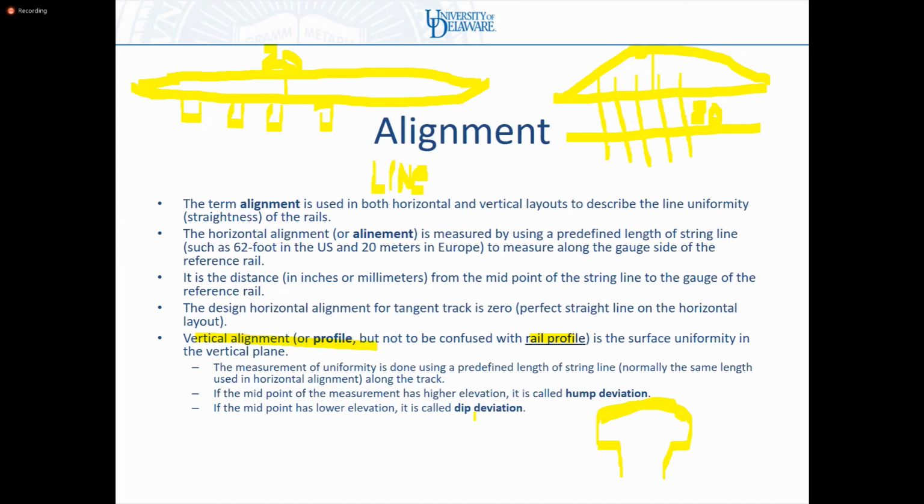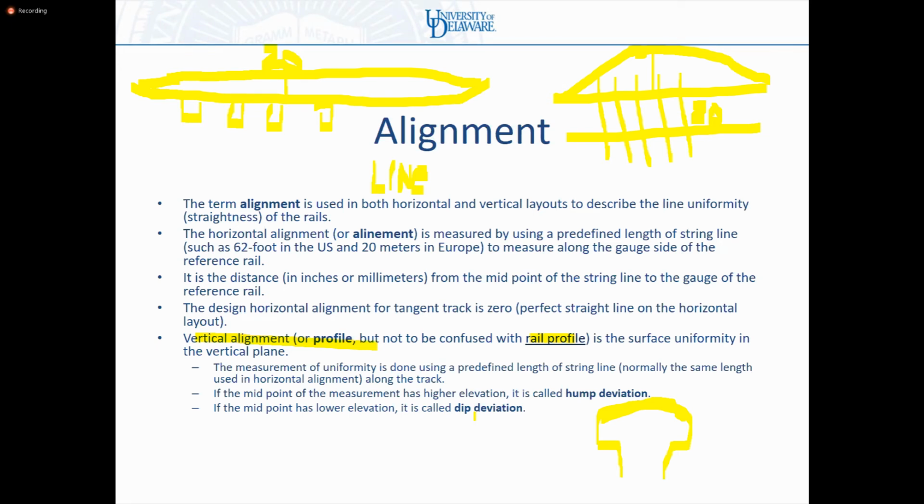But how do you measure the hump deviation? Yeah, I also don't understand. If it's a hump, you can't measure with a cord. With a hump, you're going to use one of the more sophisticated systems. Most track recording cars use inertial measurement systems, and with inertial measurement systems, you can measure a hump, a dip, anything else.